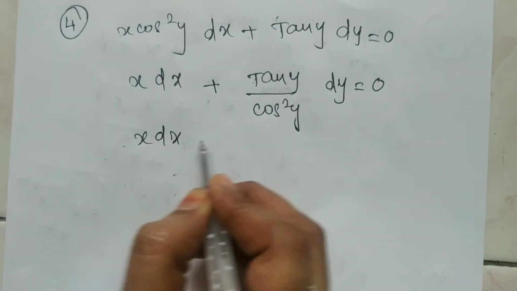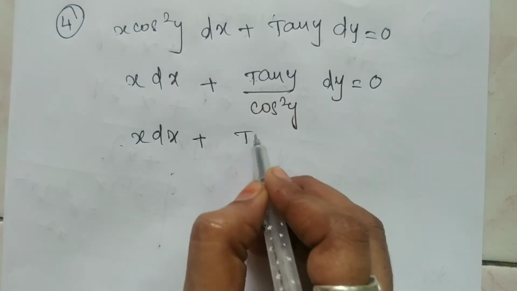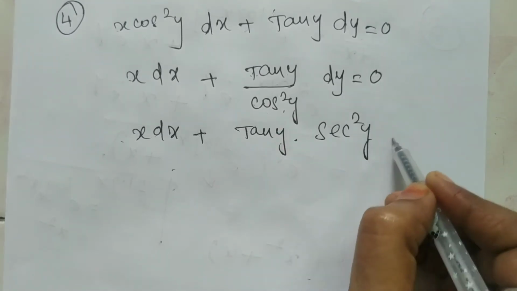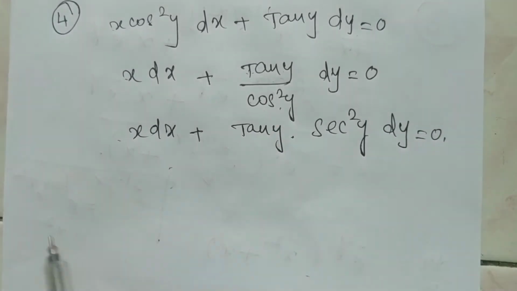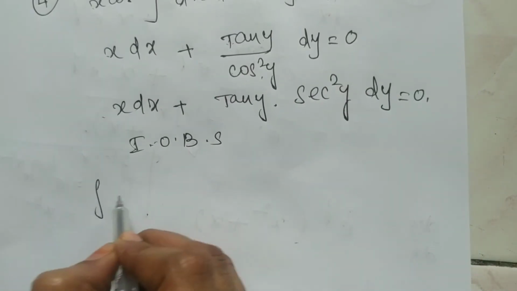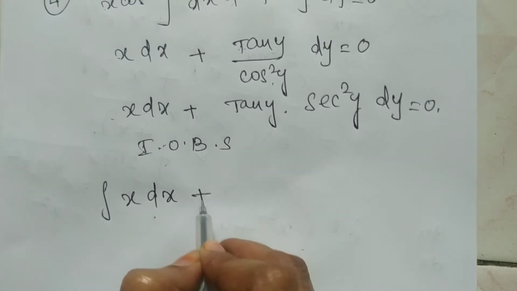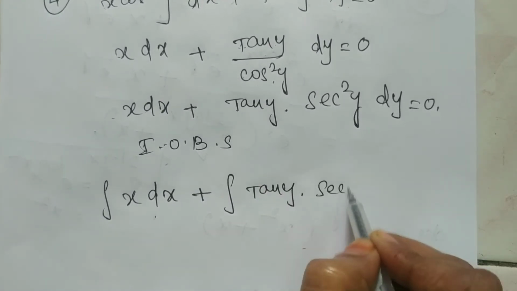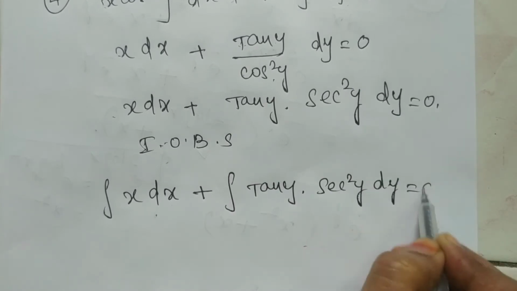So x dx plus tan y into 1 by cos square y, which is nothing but secant square y, dy equal to 0. So integrating on both sides: integration of x dx plus integration of tan y into secant square y dy equal to 0.